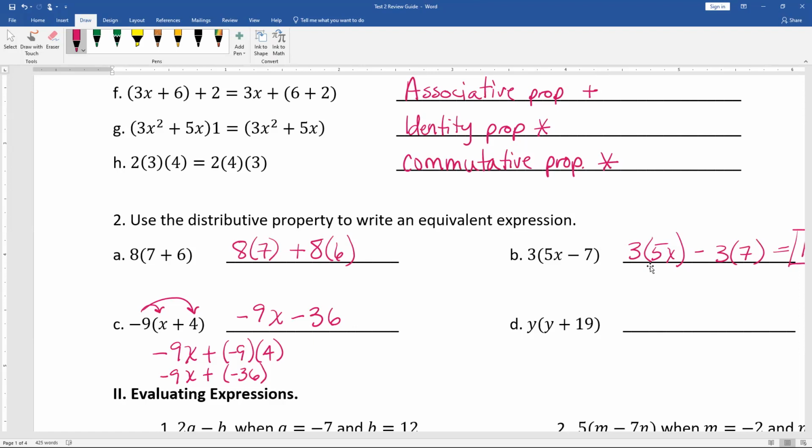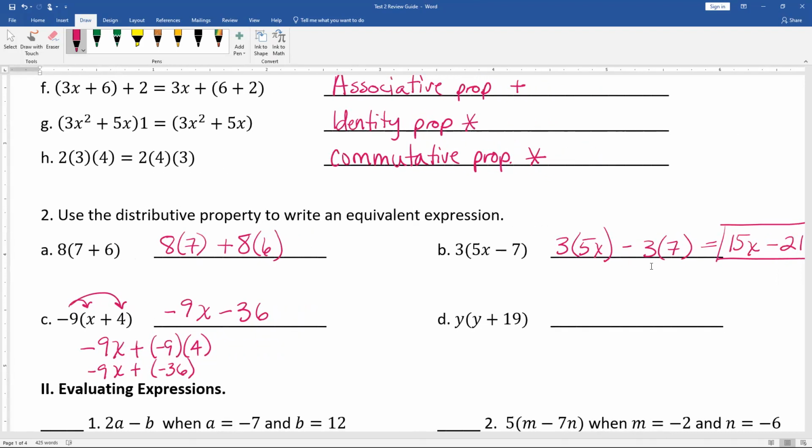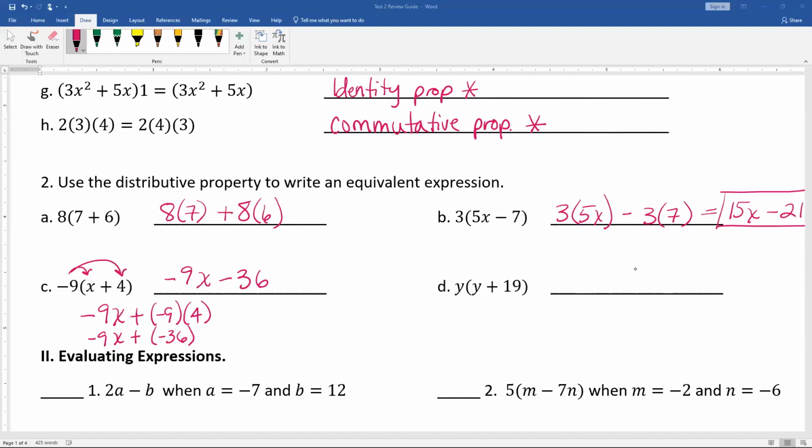All right, last one. Y times y plus 19. So Zachary, what would this look like when we distribute? Just baby steps. What am I multiplying times each other? Y and Y plus... Y times 19, yes, which would become 19Y.